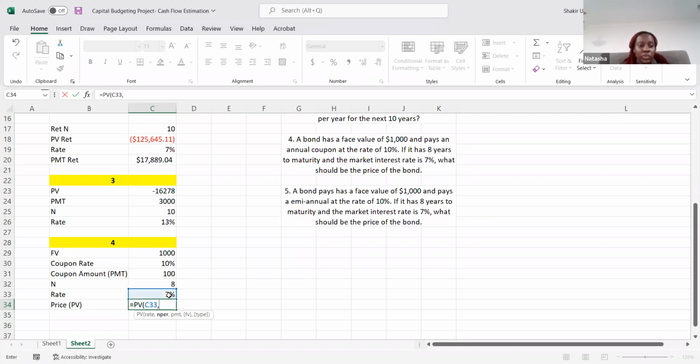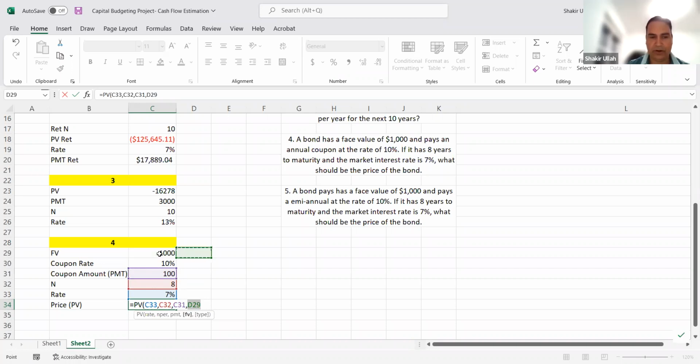The coupon rate wouldn't matter in this situation because it was used to find the payment amount. Exactly, you are absolutely right. The number of periods would be 8. Payment would be 100. Future value, 1,000.